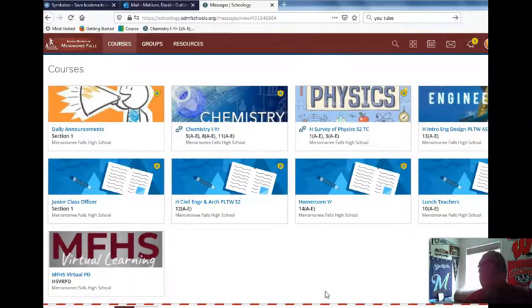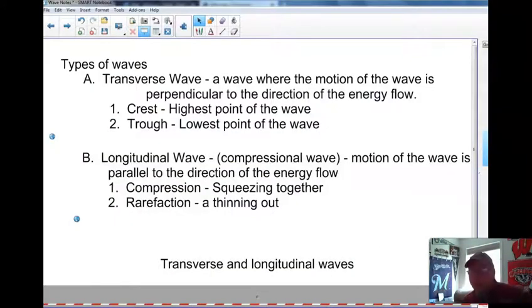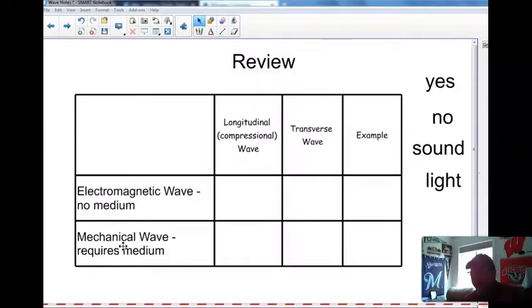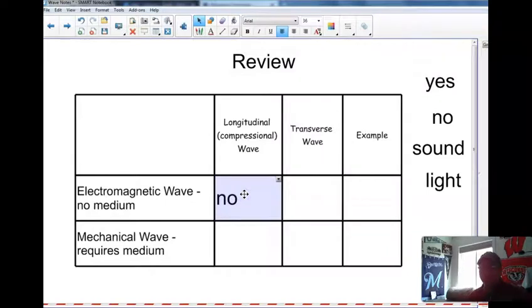So here's the deal. How do these things fit together? How does the mechanical wave and the compressional wave fit together with electromagnetic? An electromagnetic wave, a wave that does not have a medium, you cannot have a compressional wave that is electromagnetic. You can have a transverse wave.